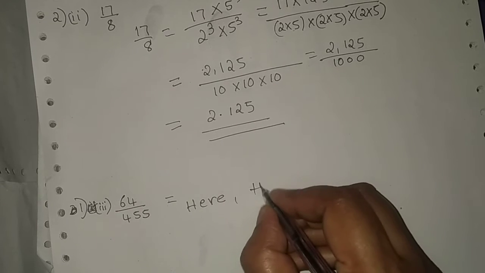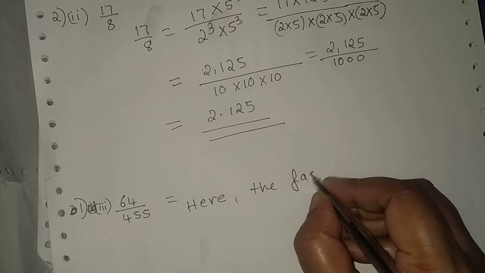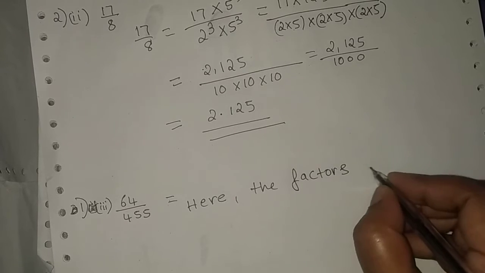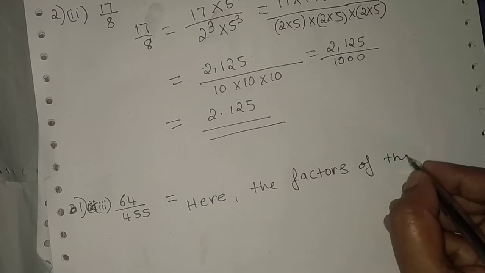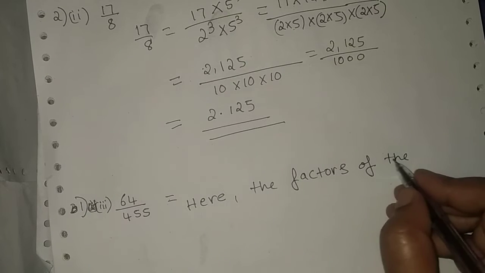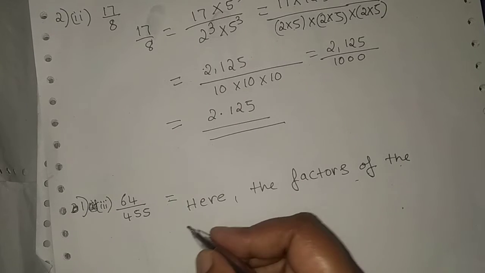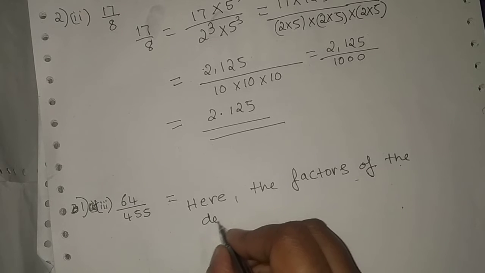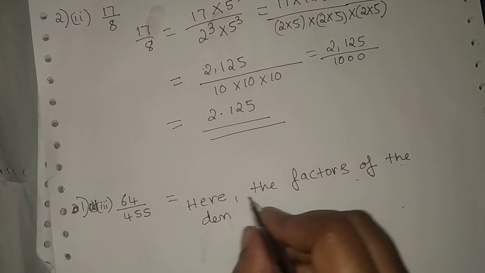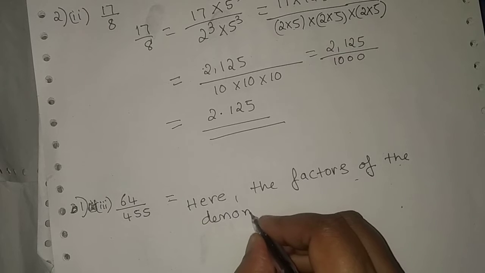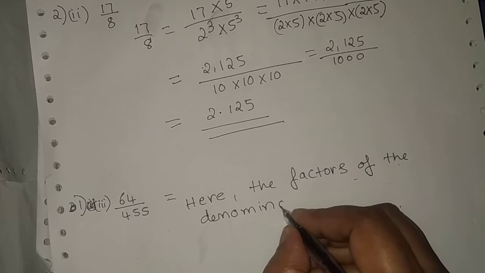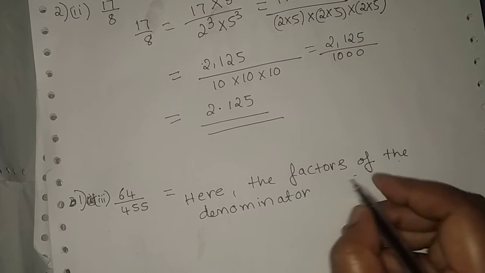Here, we factorized this in the previous class. You can refer to the previous class problems where I have even written the factorization steps. So here I will just write directly.